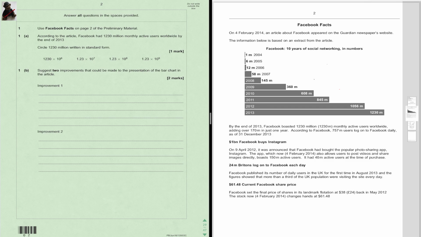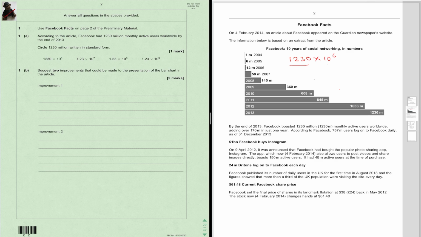Well, the best way to do this is to write that in standard form. So 1230 is 1,230. Million means times 10 to the power of 6. I need to write 1,230 in standard form.